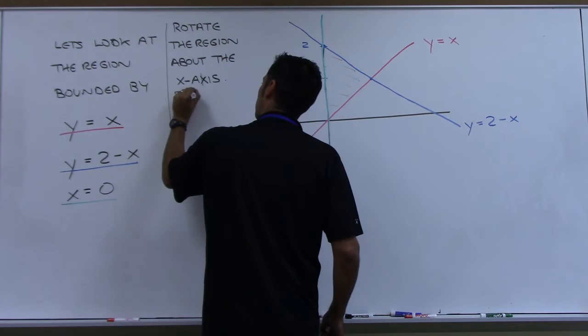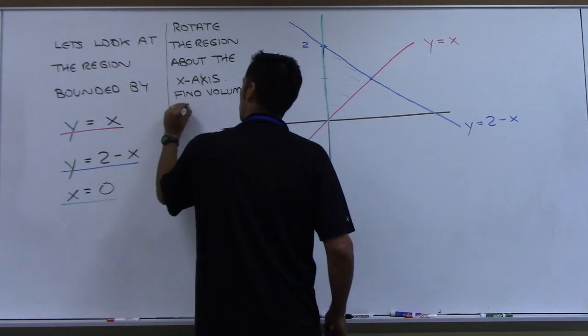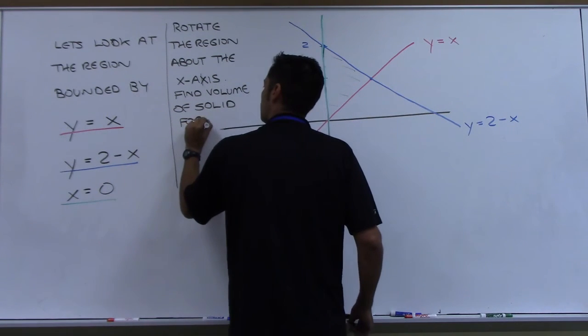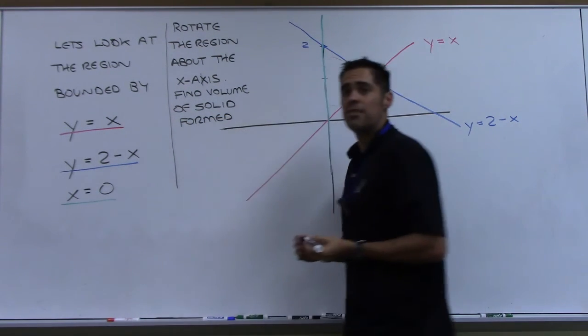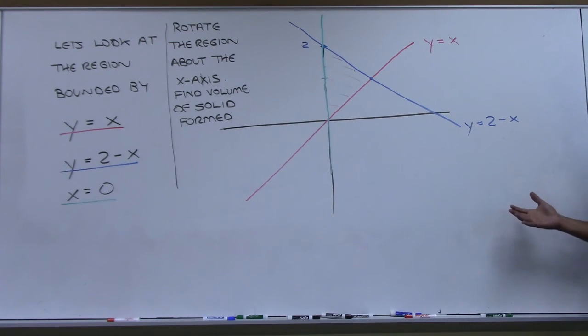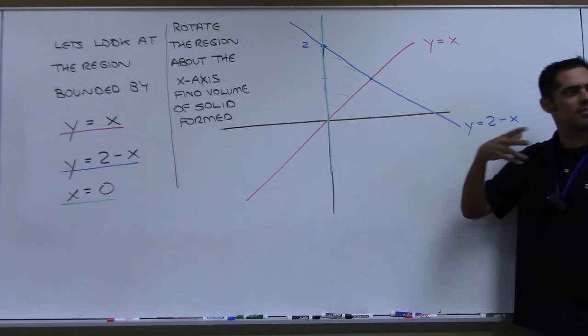Find the volume of the solid formed. So you actually have to visualize this three-dimensionally. I mean, there's no way I can come over here and just pull this and rotate it and say, there, look at it. You actually have to see this.